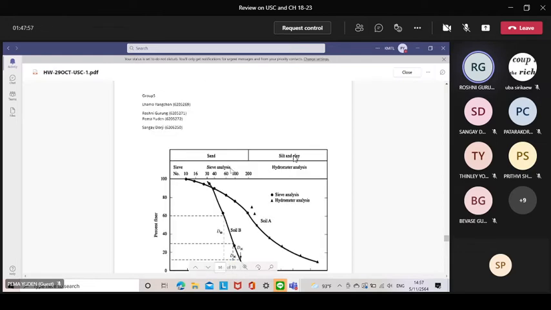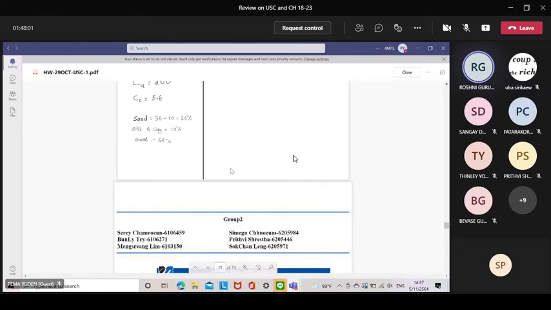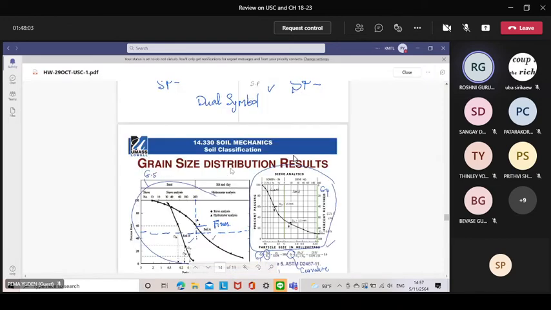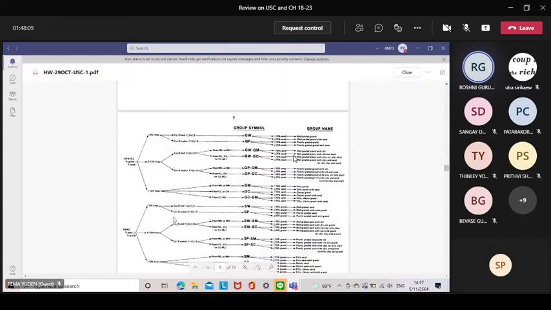Since the percentage of sand is greater than that of gravel, we could identify that soil B is a poorly graded sand, as the value of Cu is less than 6.